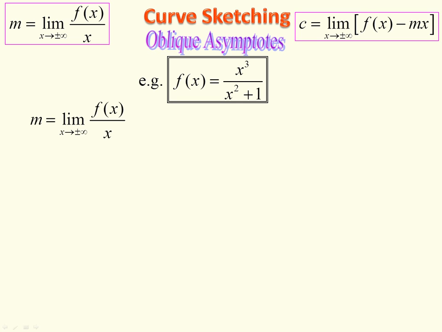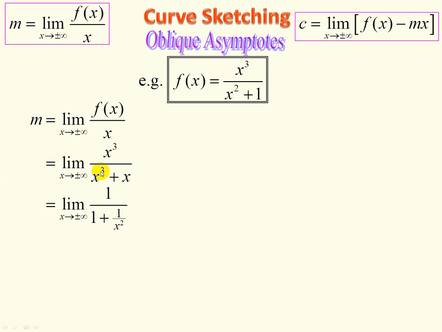Let's now use the formulae. There we are, f of x over x. Now, when you divide by x, it's the same as multiplying by 1 over x, so we're going to say x times the bottom line. How do we find a limit as x tends to infinity? Divide through by x cubed, top and bottom, the highest power.